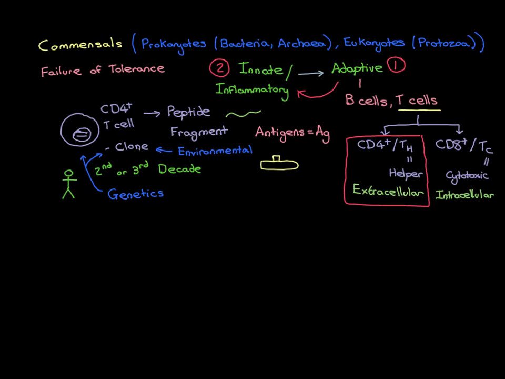However, this slips up in inflammatory bowel disease. In an individual who's going to develop inflammatory bowel disease, they are going to end up producing CD4 positive T cell clones directed against some peptide fragment of one of the proteins of a commensal microorganism, and this is how they're going to end up developing inflammatory bowel disease.